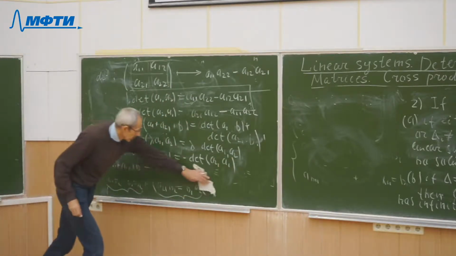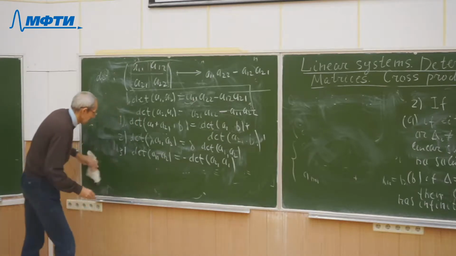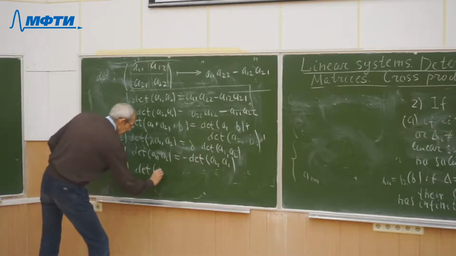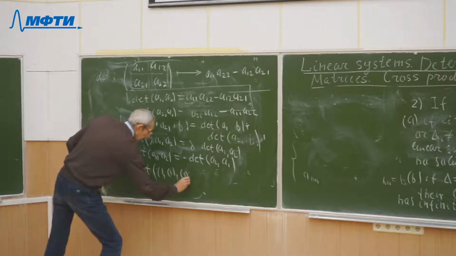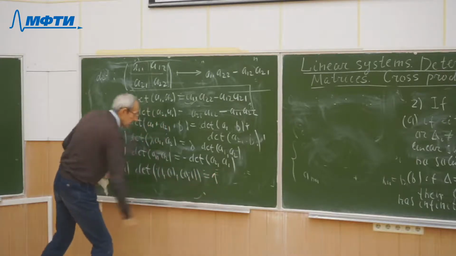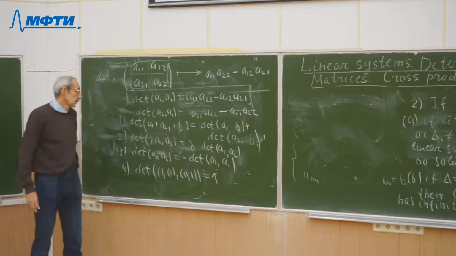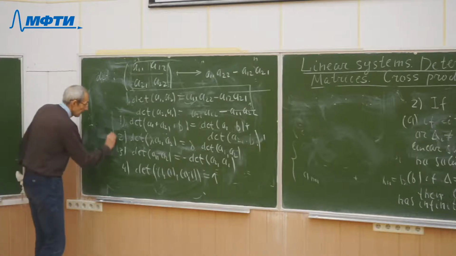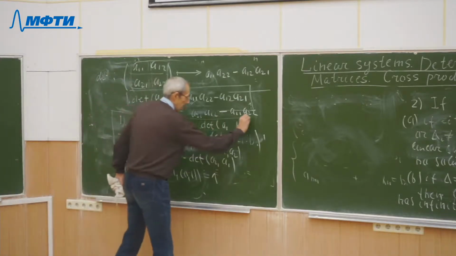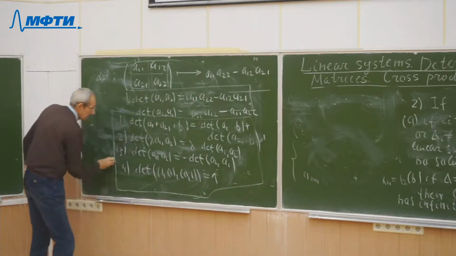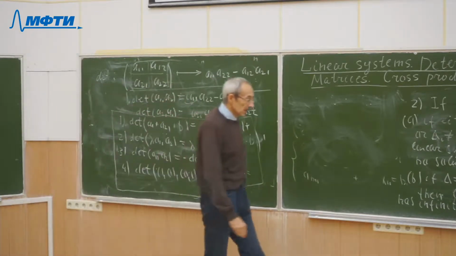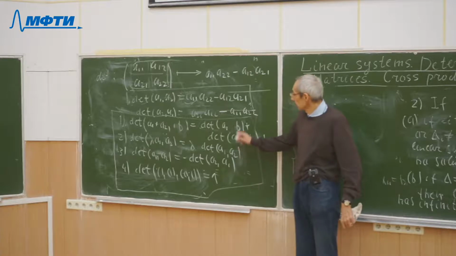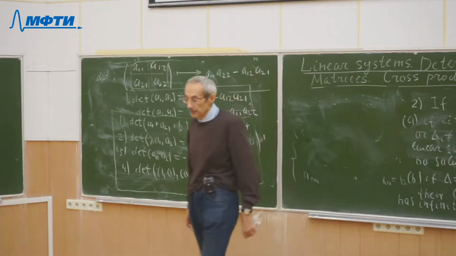And the last property asserts that the value of the rows (1, 0), (0, 1) is equal to 1. The nice thing is that this property defines the determinant in a unique way.